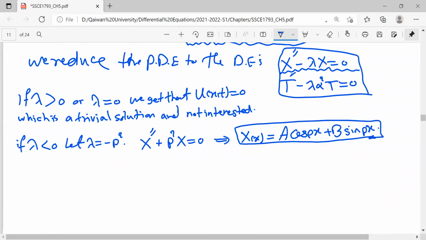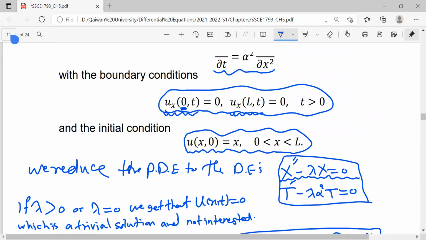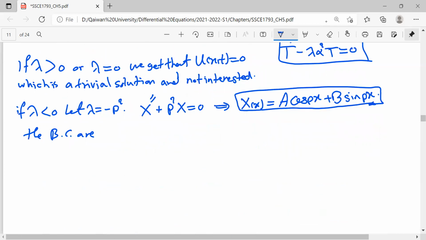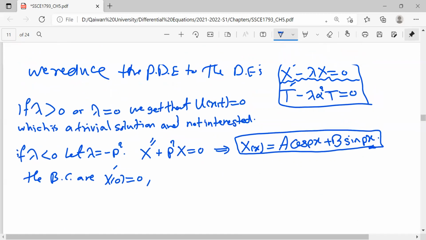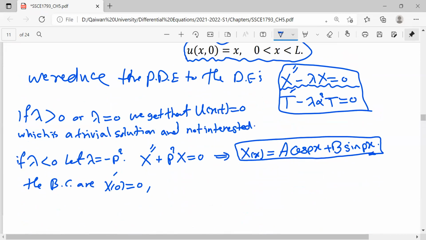The boundary conditions are X prime of 0, sorry, since it is u sub x, it means X prime, the derivative with respect to x. So we have X of x; if we find its derivative, we get X prime. X prime of 0 is 0, and X prime of L is still 0.